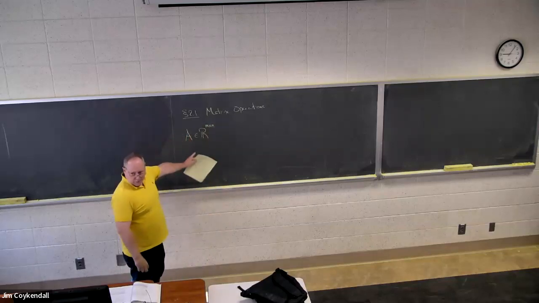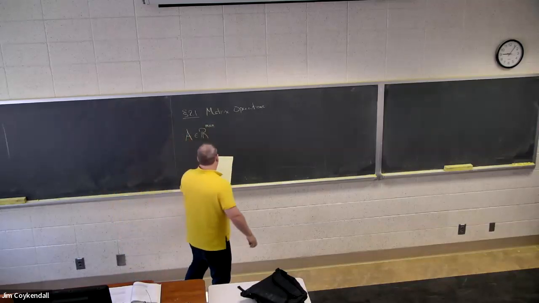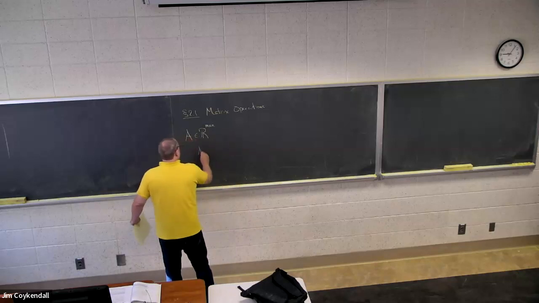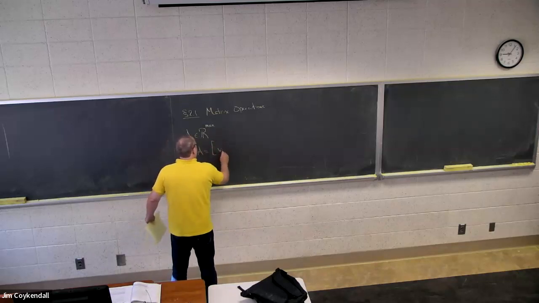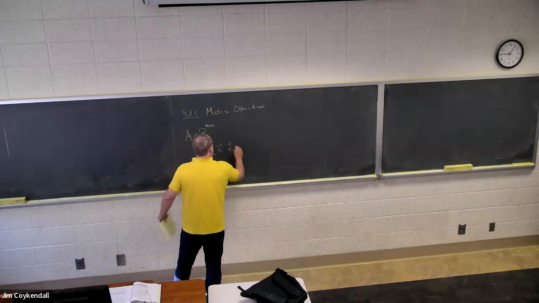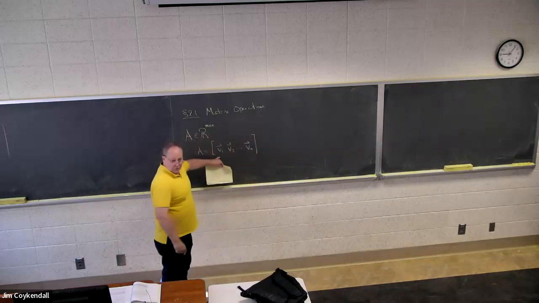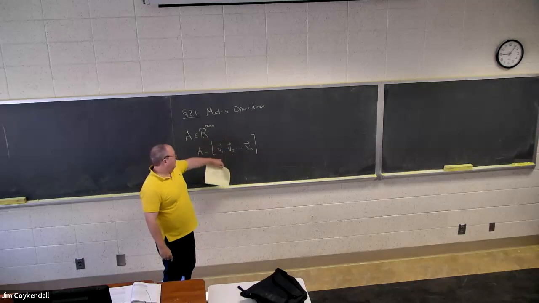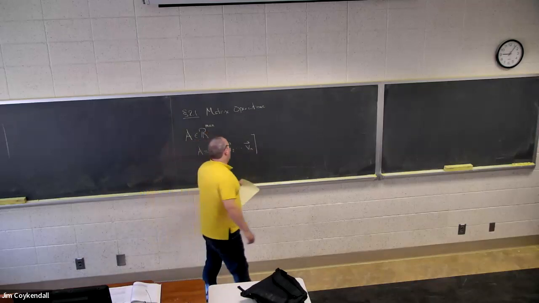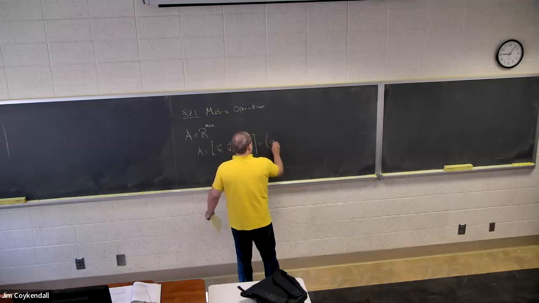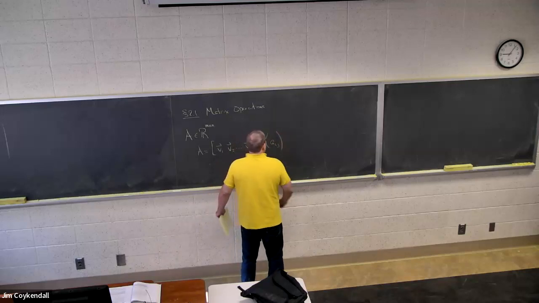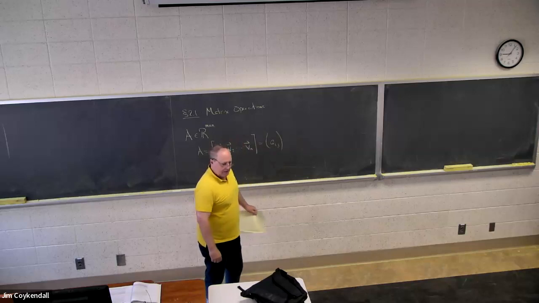So this is an m row, n column matrix. I might write it this way, where these are column vectors, all of these will be m high because I've got m rows and then I've got n columns. Or I might write it Aij.